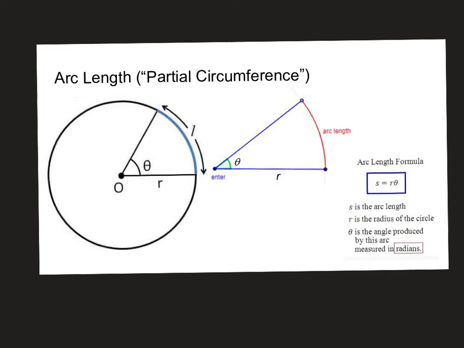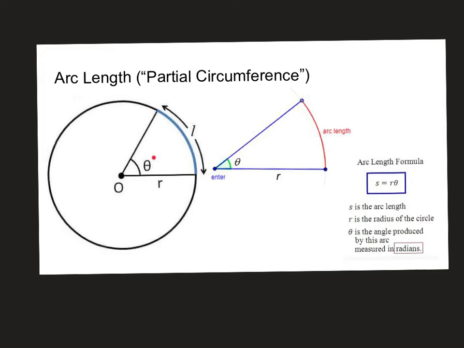This arc length is going to be based off of the central angle and the radius, such that our arc length formula is: the arc length, S, is equal to the radius of the circle times theta. And theta is the angle produced by this arc measured in radians.